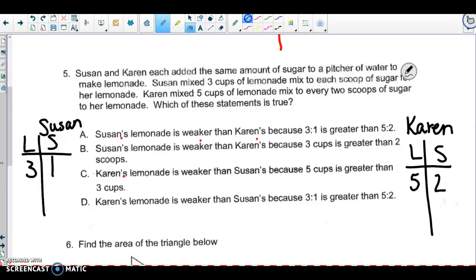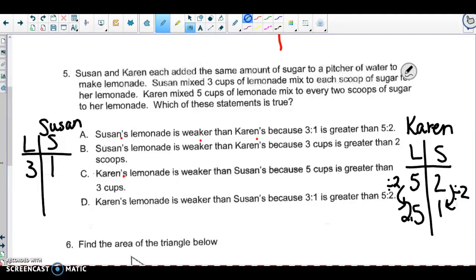Well, 5 and 2 is different than the 3 to 1. For Susan's, we have it down per 1. We have a unit rate of 3 cups per 1 scoop of sugar. Well, this one's per 2. So if I make it per 1, I would divide it in half, right? I would divide by 2 here, take half of it, and do the same thing here, and I would get 2.5.